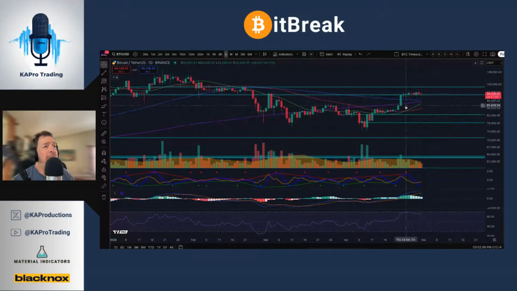Now, what is a sign of strength to me is the amount of technical support that we have in this range. Really between the 21-day moving average, you see the purple 200-day and the blue 100-day all consolidated in a pretty tight range between, say, 88.5 and 90.5K.